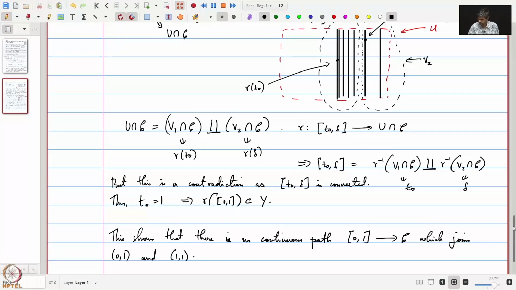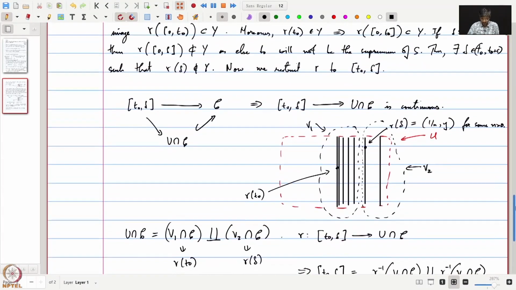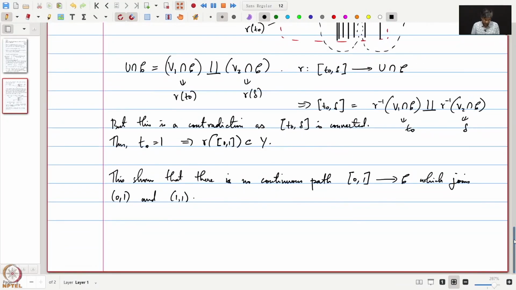Okay, so this implies that C is not path connected.